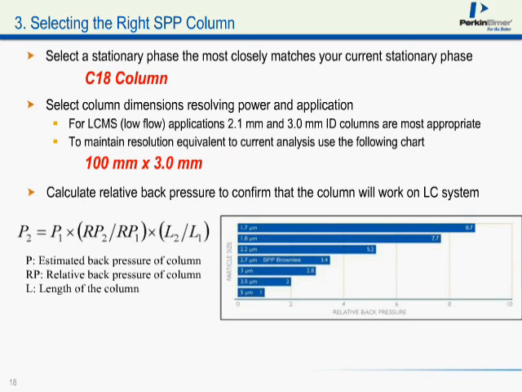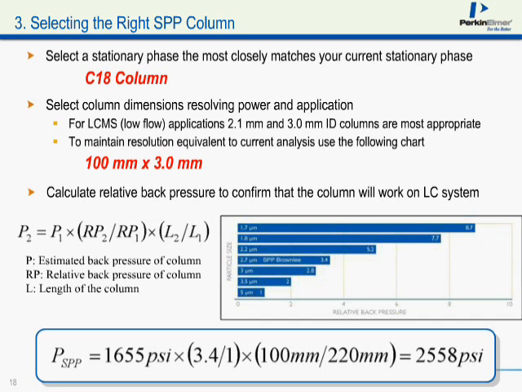And then finally, we can calculate, based on relative back pressure of different particle sizes, what the estimated back pressure of that column would be on our system based on the back pressure of the current column. And it's a simple calculation based on the current pressure, the relative pressures of the two columns, and the length of the two columns.